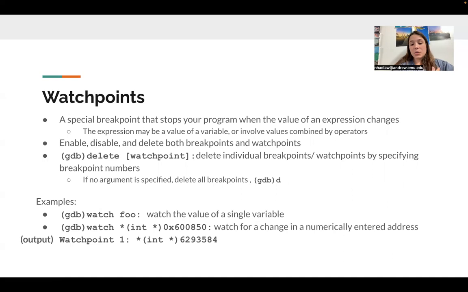Or if you want to watch for a change in a numerically entered address, you can do it by dereferencing that address and then calling watch on that. So I think that's it for the watch points.